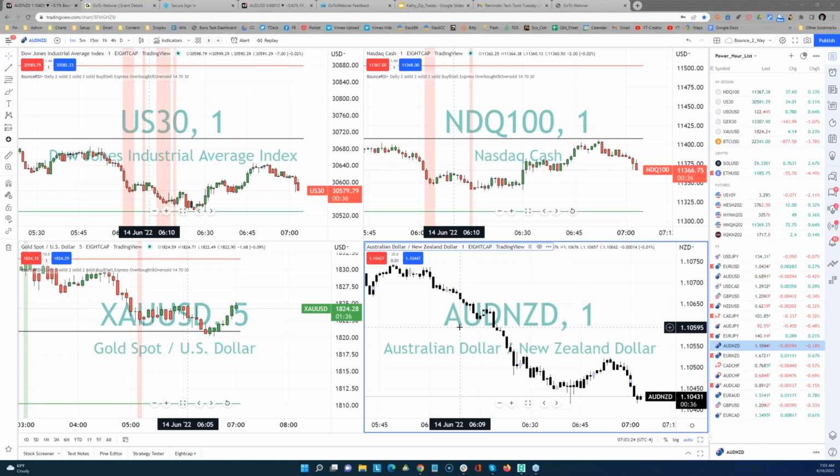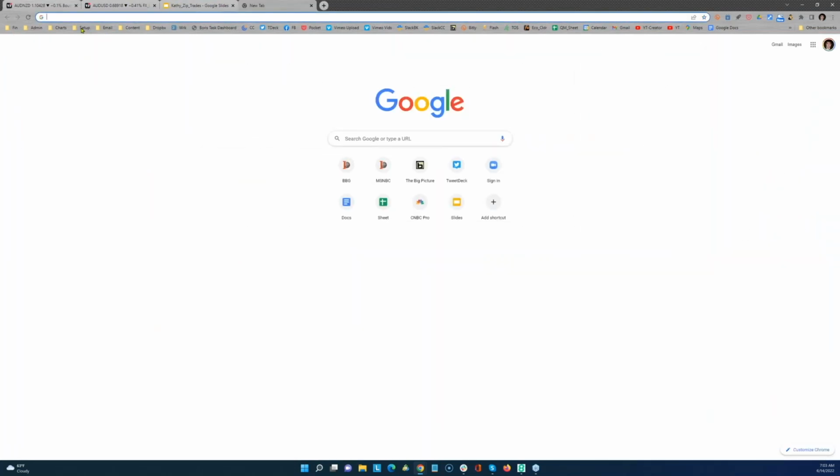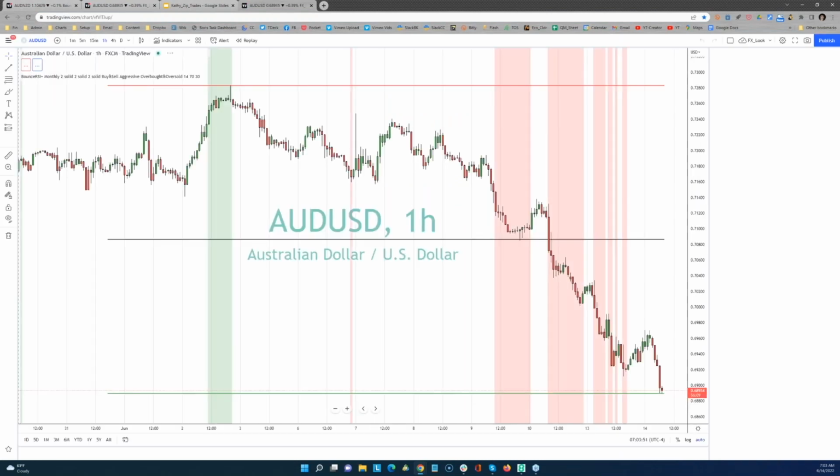So with TradingView, let's just hang on a second. Let me just clean this up a little bit. Okay, here's a simple TradingView chart.